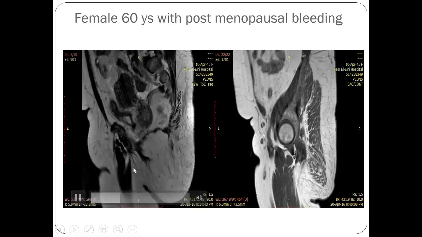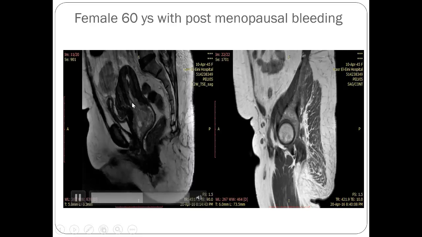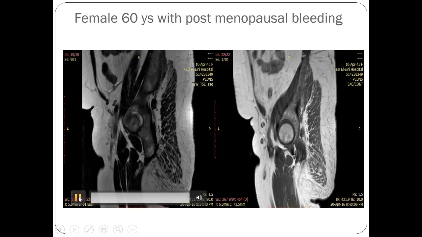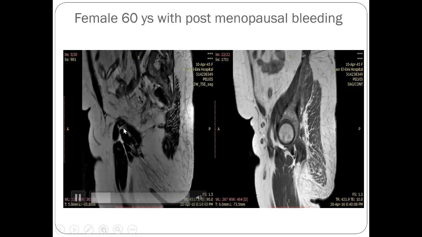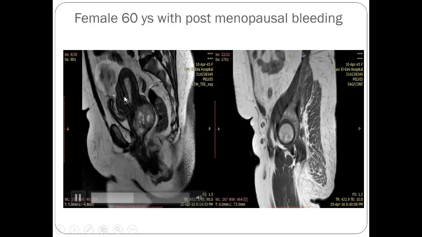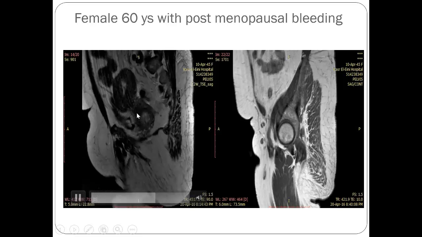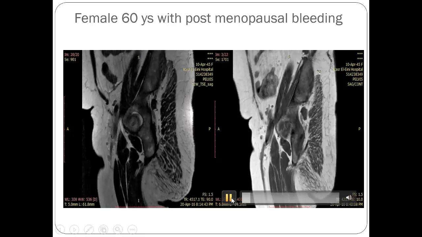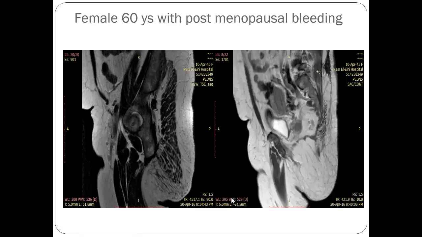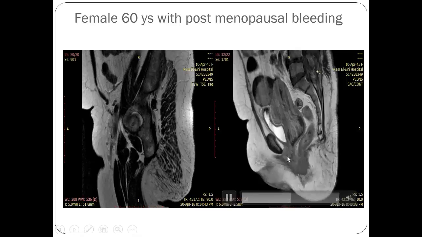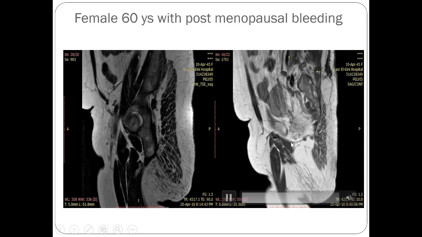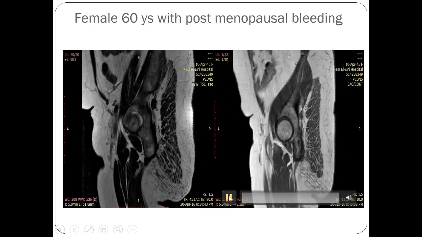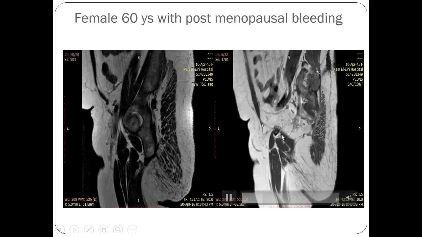Here we have a large mass distending the cervical canal, but if you search about its origin, it is coming from above, from the endometrial cavity. It shows cystic changes, and in the post-contrast, it shows heterogeneous enhancement, but still the pedicle is coming from above, from the endometrium.